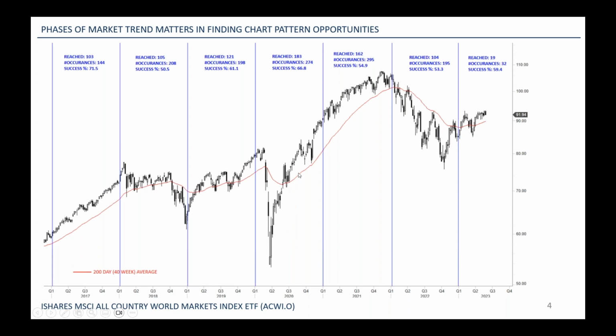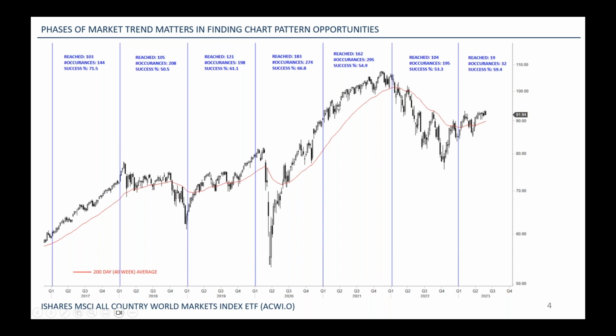Even though this trend was strong, like 2017's move, here we ended up with a 66.8% success rate versus 71.5%. Even though we had good trend periods, probably around this area, we had several V reversals that resulted in failed breakdowns.